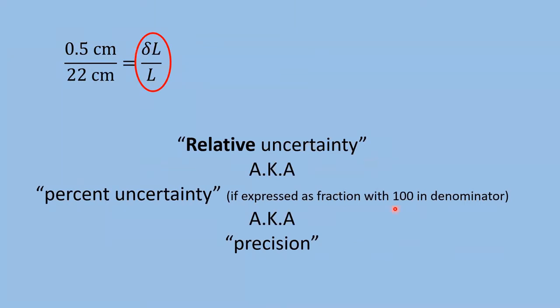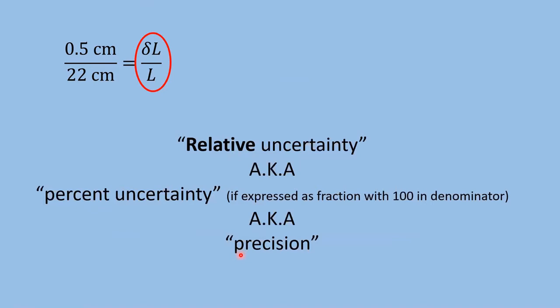And I'm familiar with 3 different names for that quantity. Usually, I'm just going to call it that. It's a relative uncertainty because you're looking at the absolute uncertainty relative to the thing that you're measuring. But it's also known as percent uncertainty. If you happen to express it as a percentage, then it's just percent uncertainty. It still means relative uncertainty, but specifically with 100 in the denominator.